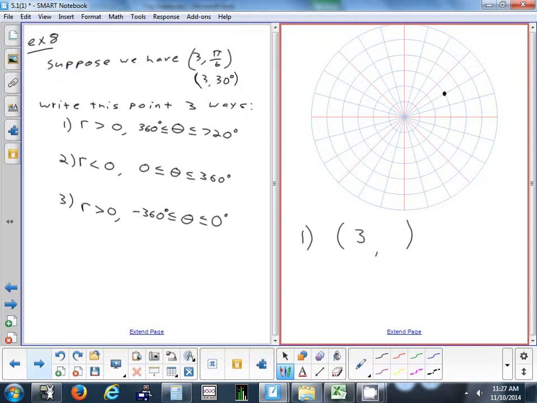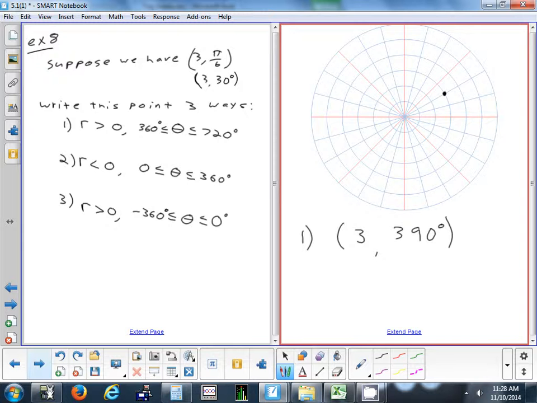We have to go counterclockwise, but I just want to go around more than once. So what could we do to 30 degrees to make it bigger? Yeah, add 360. And what would that give me, Adam? 390. Good.